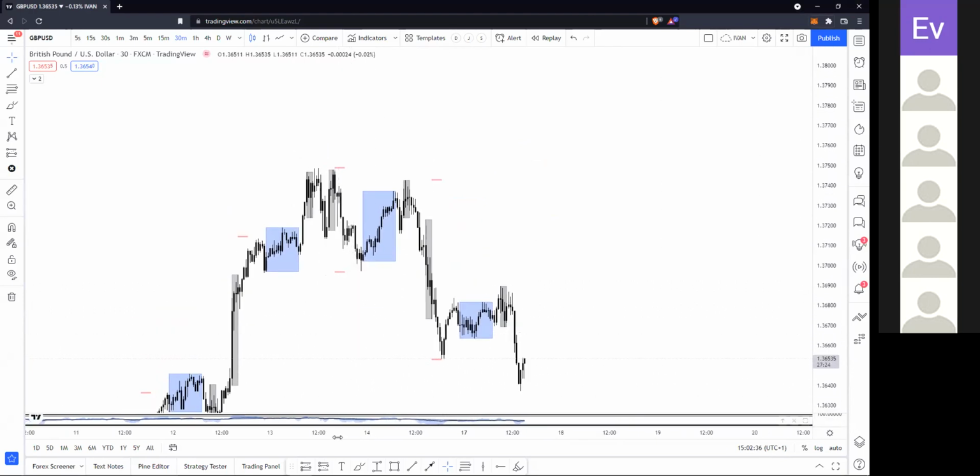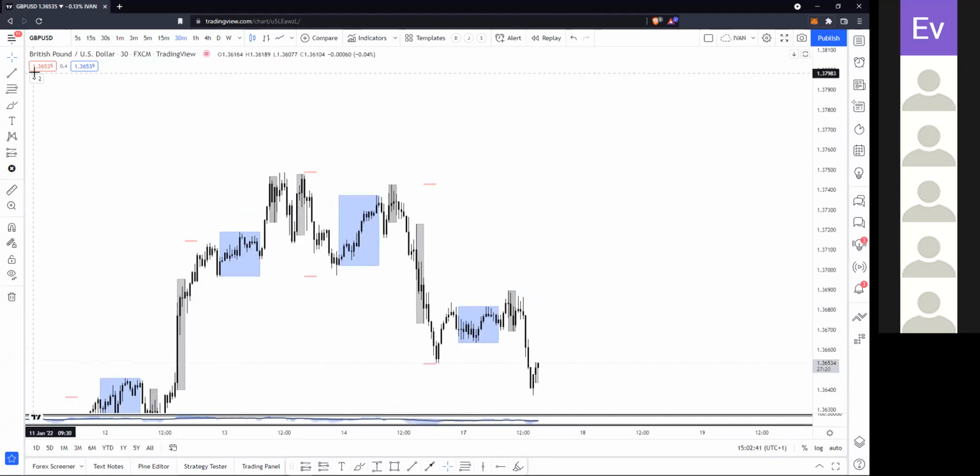Basically, what we have here is 4D timings, and they are representing Asia session from 11 p.m. to 7 a.m. This is Berlin time, so I don't have to repeat it.